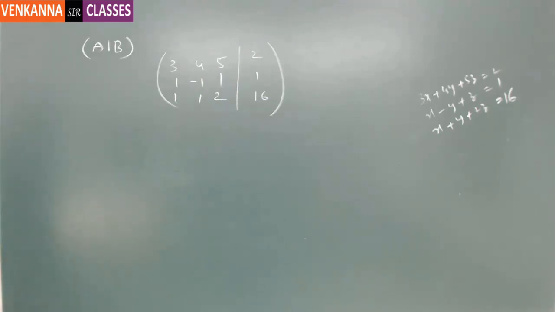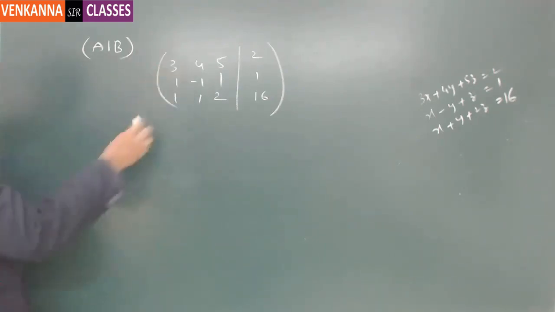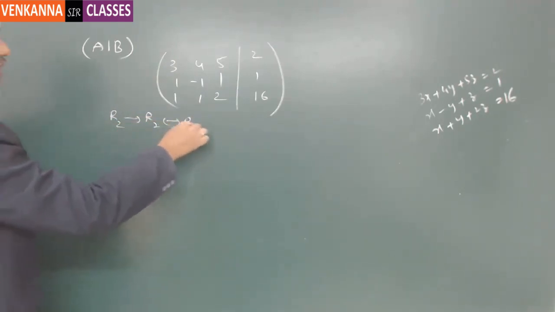Now, after applying the row operations, we are going to make this part A into an upper triangular matrix. We are just applying the row operations to get echelon form. Automatically it will be in the form of an upper triangular matrix. So by using back substitution, you will get the values of x, y, z. So let us do it now. Let us interchange these two for convenience, R2 <-> R1.